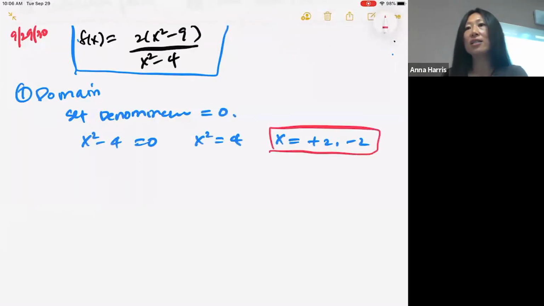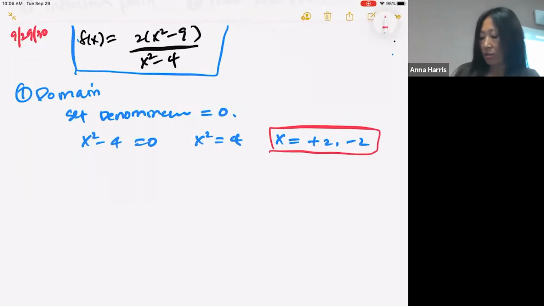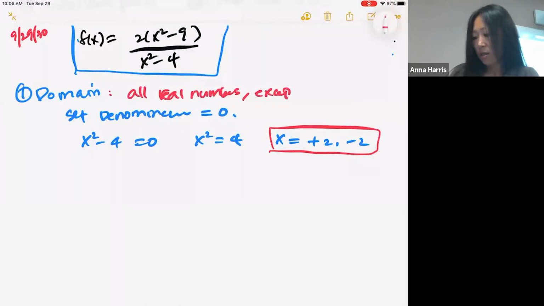These two x's are the ones that I cannot use. So the domain will be all real numbers except x equal to 2 and negative 2.